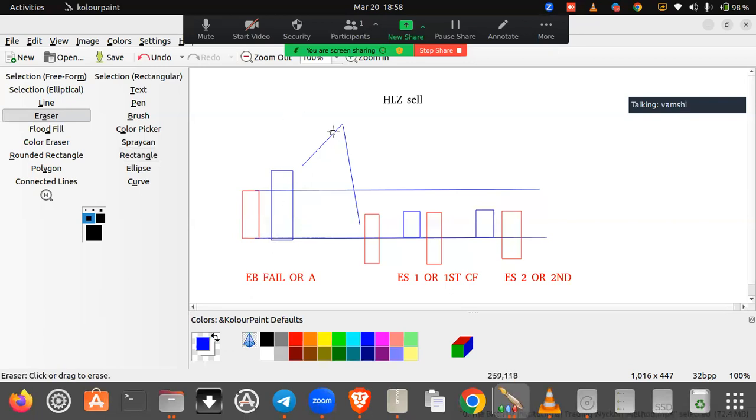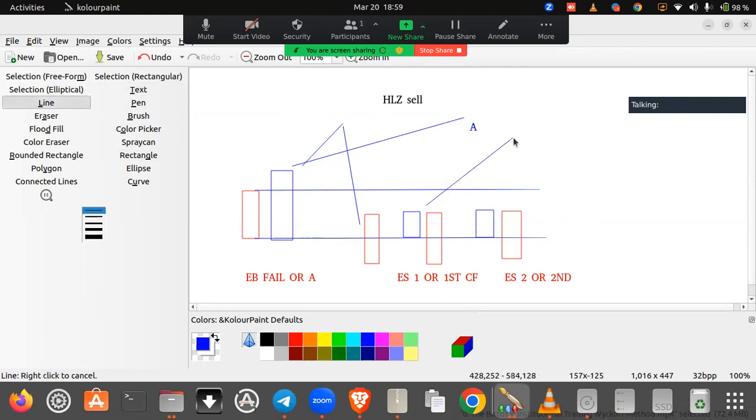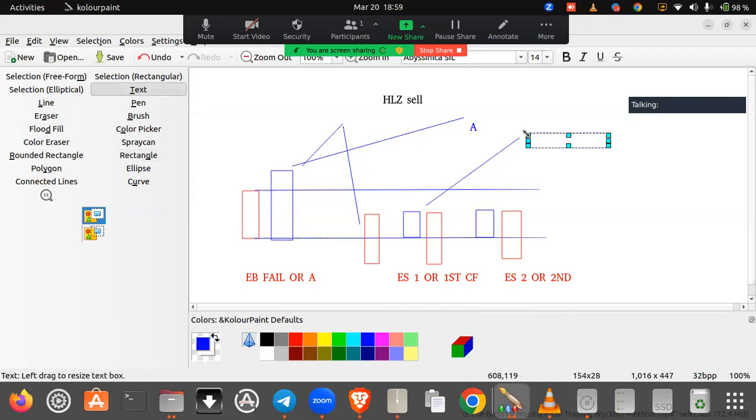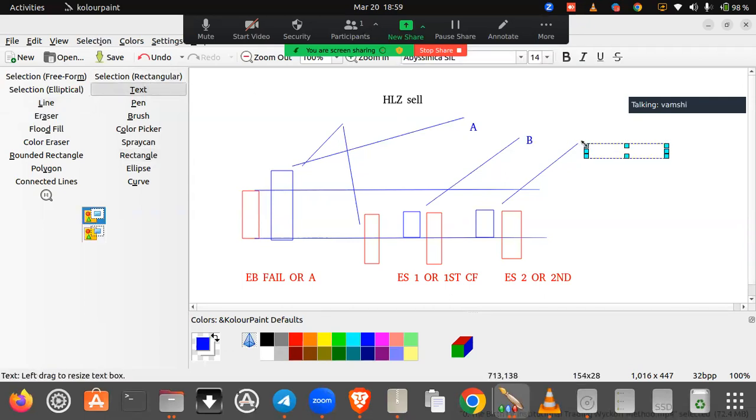You may also call the engulfing buy fail A. The first confirmation, the first sell, is called B, and here we can call it C. This is A. This is B. And the second confirmation is called C. Guys, don't get confused.